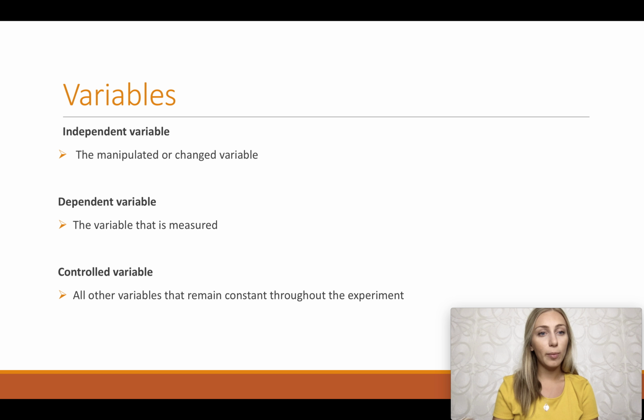The variables within the experimental design are the independent variable, which is manipulated or changed; the dependent variable, which is measured, so the test results; and the controlled variable, which is all the other variables that remain constant throughout our experiment.